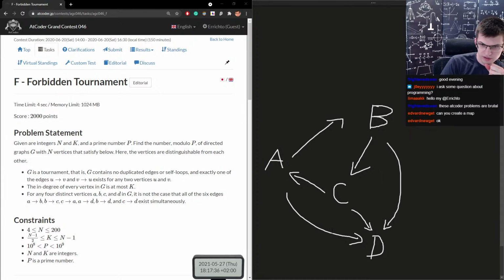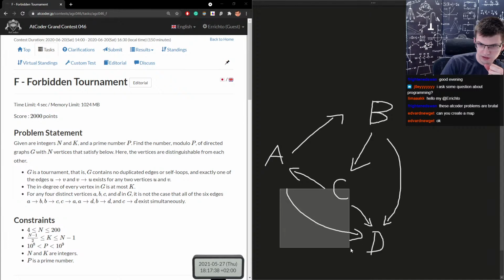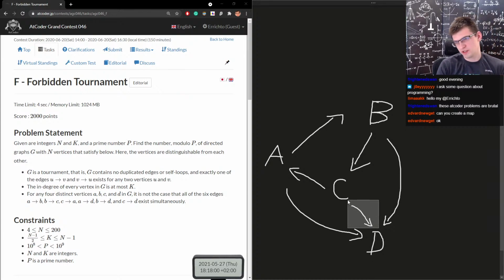If I reverse this edge between A and D, then ABD is such a triangle. And if I reverse this, I don't have a new triangle.